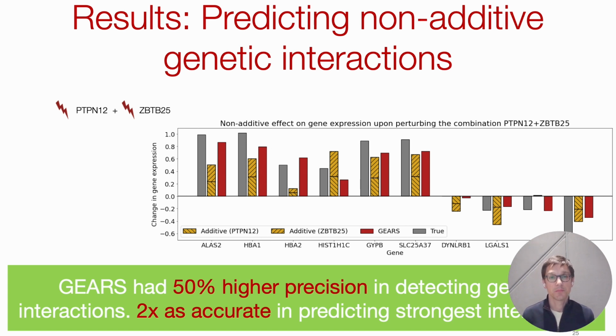This is the gray bar. We are then seeing the prediction of GEARS. This is the red bar. And the yellow bar is what you get if you perturb the first gene individually, then perturb the second gene individually and just add up the effects, kind of stack up the two effects. And you can see that GEARS is much more accurate than this simple linear model.